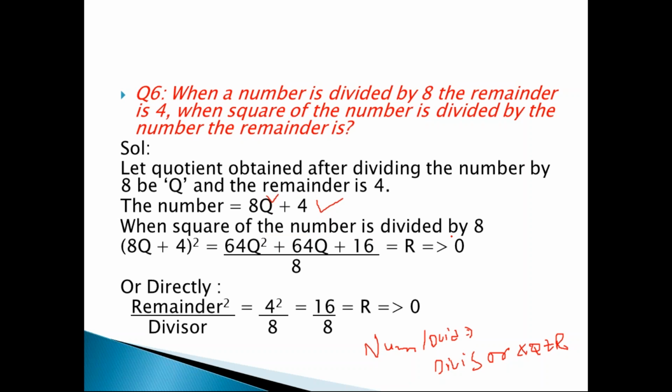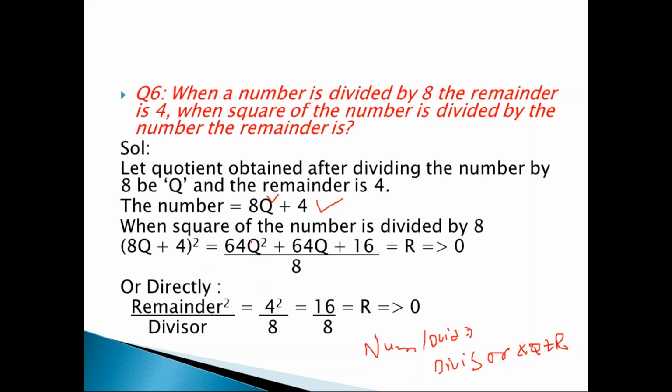Then the square of the number is divided by 8. The square of 8q plus 4 will be 64q square plus 64q plus 16. For the remainder, as we already discussed in the previous question, if b is a factor of a, then whatever the number that is multiplied with a is also divisible by b.